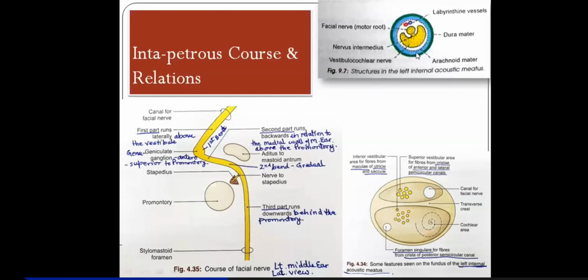So you can see here the structures in the left internal acoustic meatus. First of all, you can see the bony wall of the internal acoustic meatus, and it is lined by the three meninges, right? It will have a dura, then arachnoid and pia also.